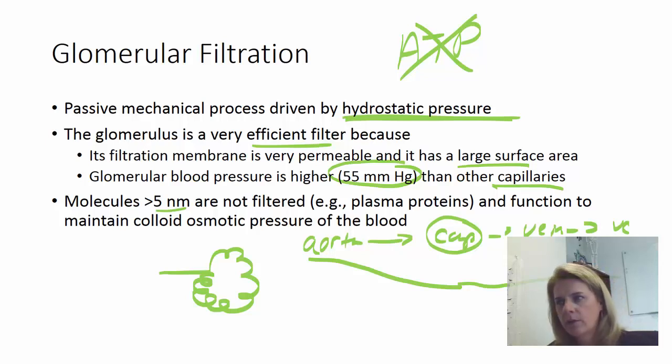And if you remember back to blood pressure, and we talked about how things move in and out of a capillary bed, we talked about osmotic pressure and how hydrostatic pressure kind of pushes things out and osmotic pressure sucks them back in. By keeping these big proteins inside the blood, that's going to help suck stuff back into the blood when we talk about reabsorption. So these big plasma proteins are really going to be what give us our osmotic pressure, the sucking pressure.